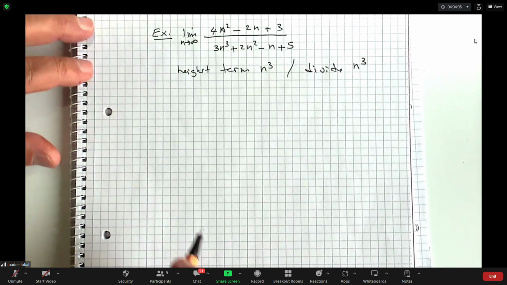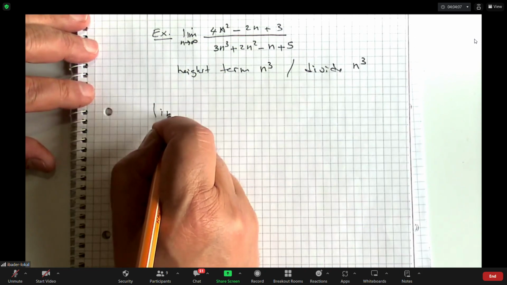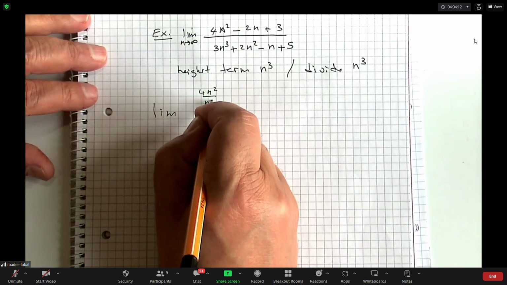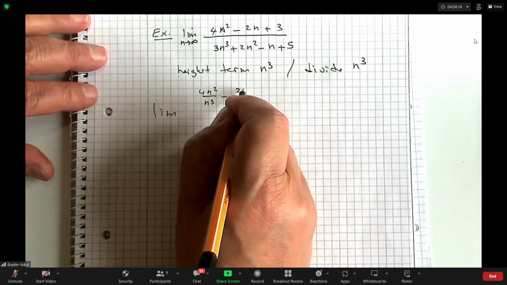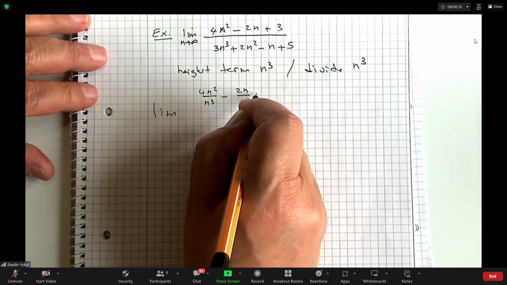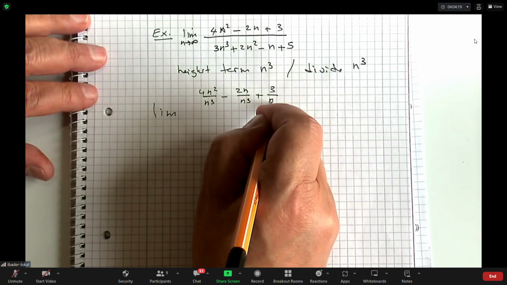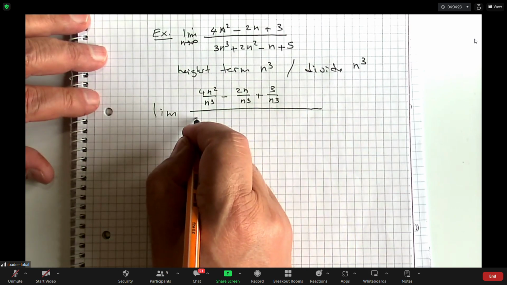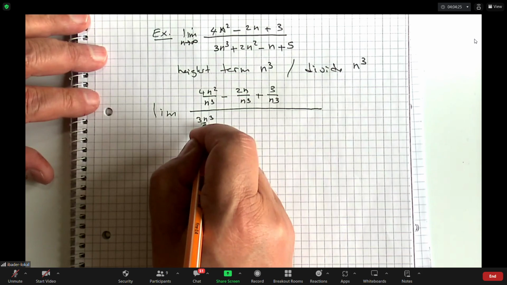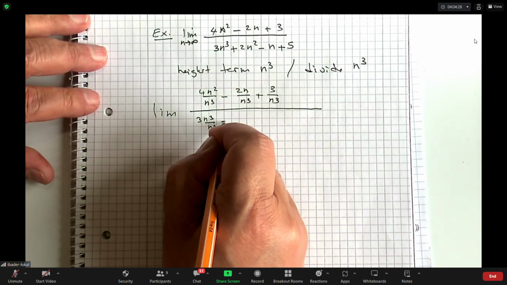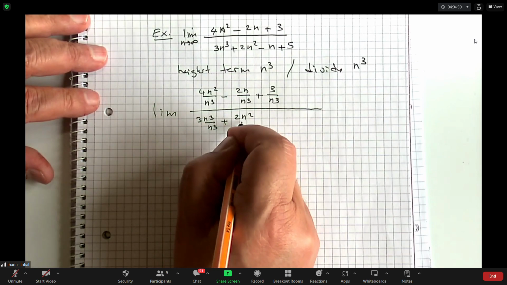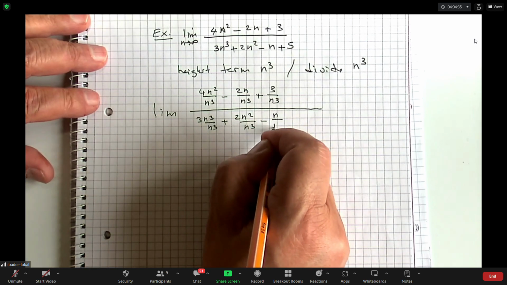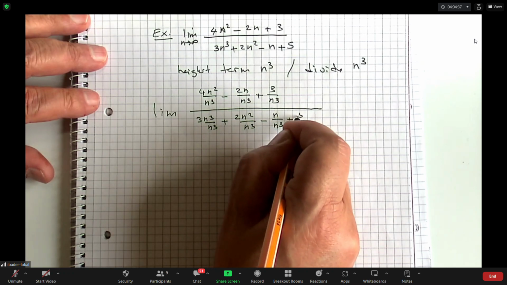Let's see what we get here. So this is equal to the limit of 4n squared over n cubed minus 2n over n cubed plus 3 over n cubed, all divided by 3n cubed over n cubed plus 2n squared over n cubed minus n over n cubed plus 5 over n cubed.